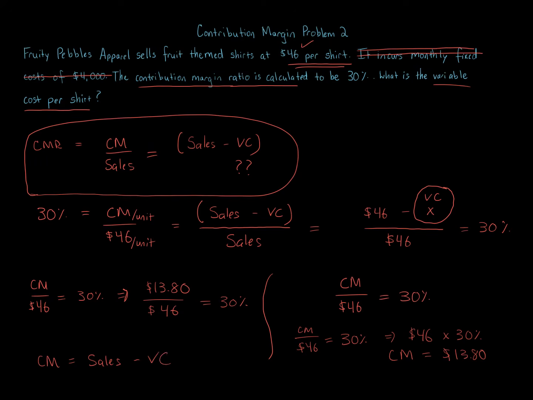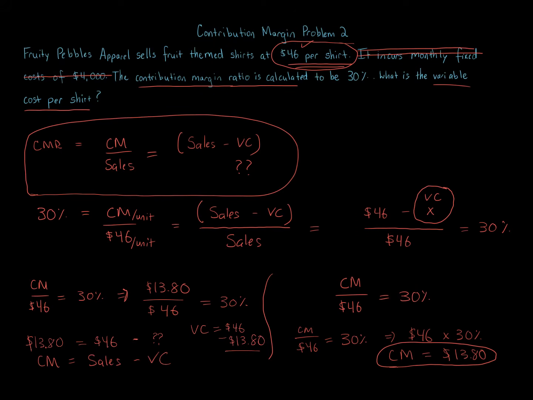If we know contribution margin is going to be $13.80, and we know the sales price, these are all per unit, is $46 per unit, as we're told in the facts up at the top, then we can solve for the variable cost, which we're trying to determine, by taking variable costs equal $46 minus $13.80.